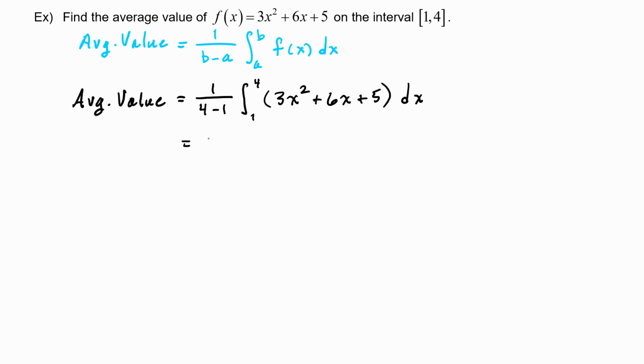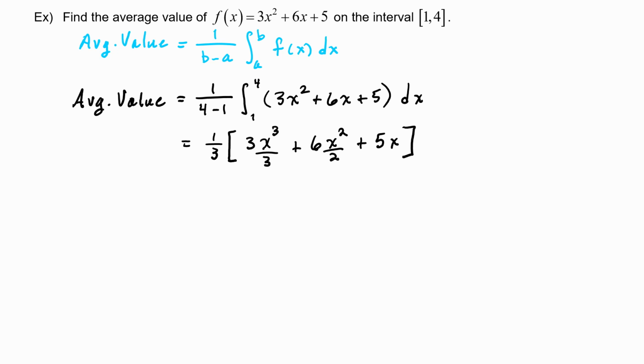So this is going to equal 1/3 times, we have that constant of 3 there, and then x squared integrates to x cubed over 3 plus 6 times the integral of x, which becomes x squared over 2 plus 5x.